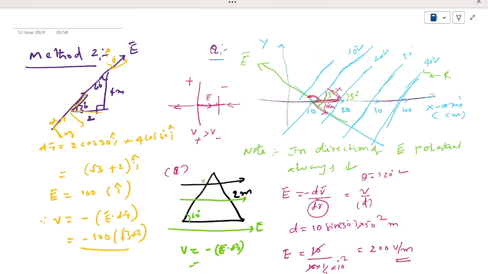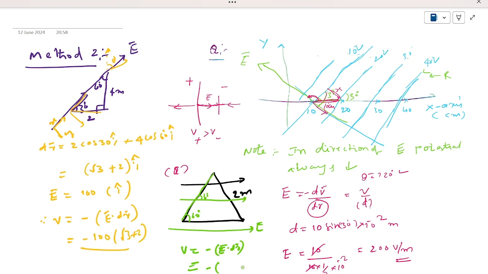So here r is already 2 meters along this direction. In the direction of E, resolve into components, so this is also 60. So that is equal to minus of E bar, meaning Ex. Why? When the field is perpendicular to the length, then the potential is 0 due to perpendicularity.